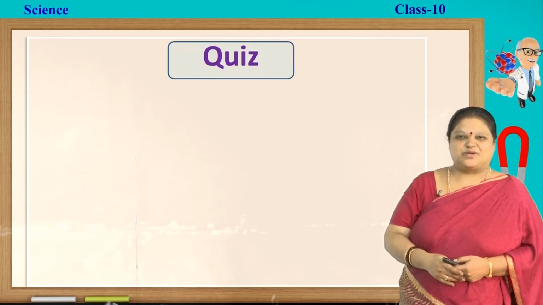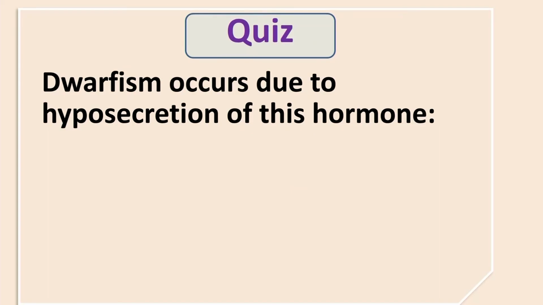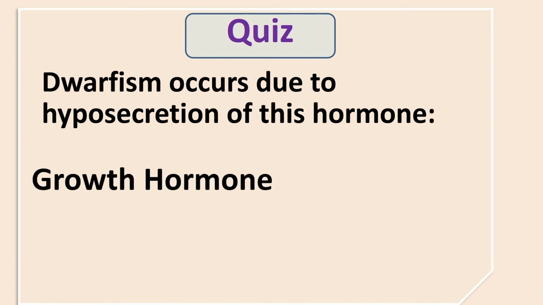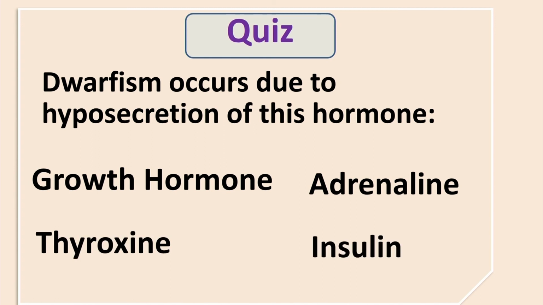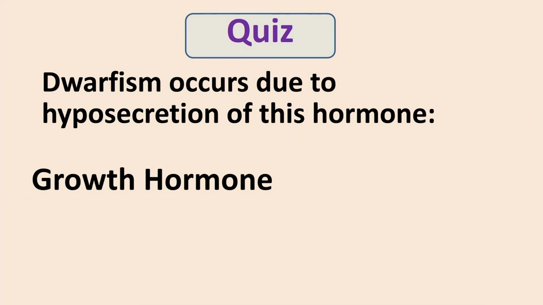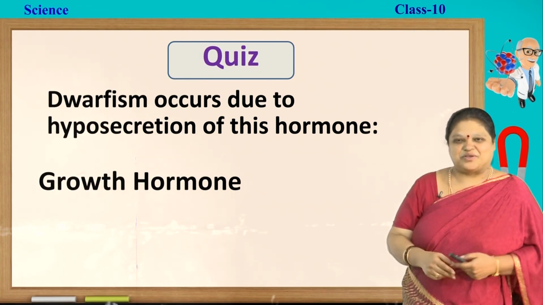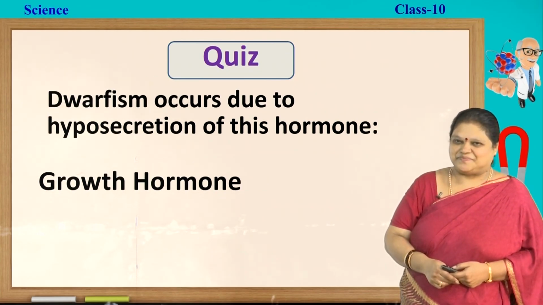Next, another question. Dwarfism occurs due to hyposecretion of this hormone: growth hormone, adrenaline, thyroxine or insulin. So, the answer is, as the name itself suggests, growth hormone.